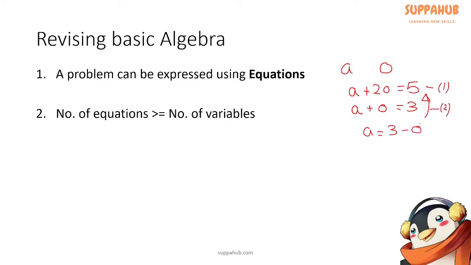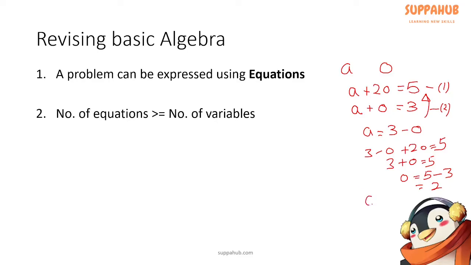So you're able to substitute A inside here. So you have 3 minus O plus 2O equals to 5. So you have 3 plus O equals to 5, and O will be equals to 5 minus 3, and then you have O equals to 2.